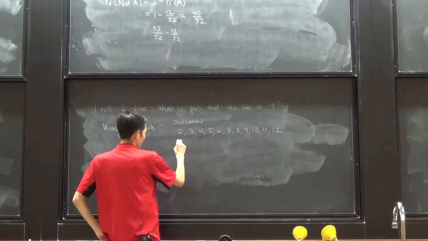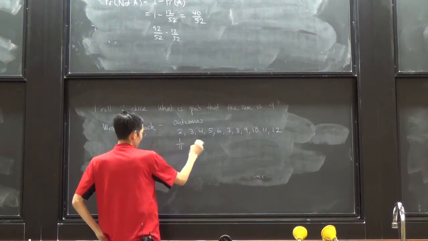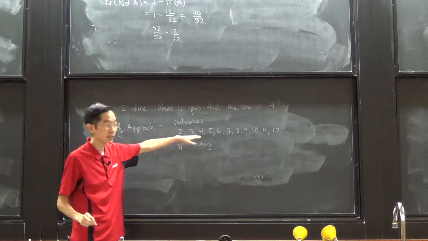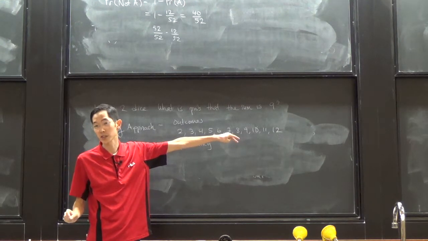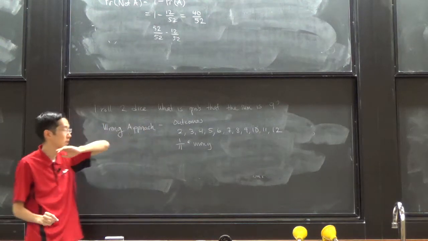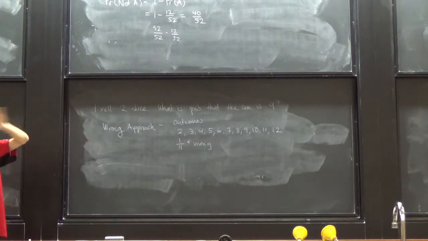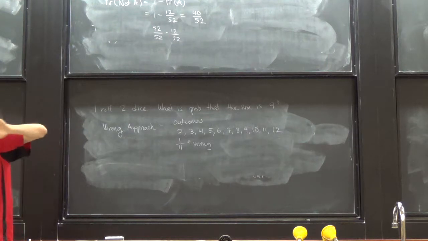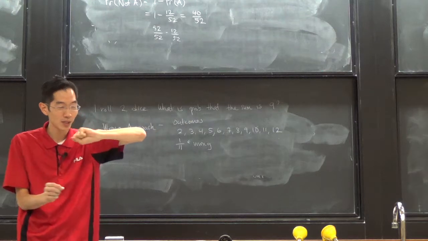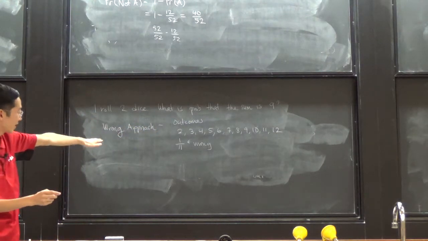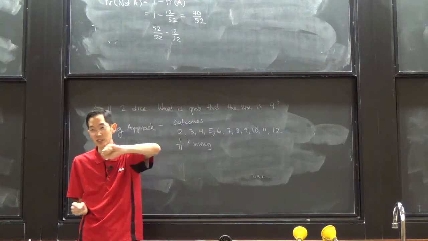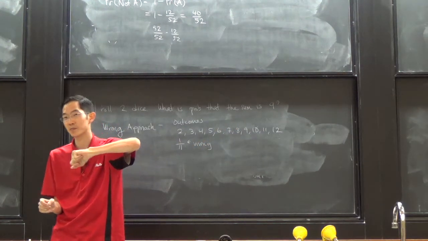Okay? So this is wrong. Because each of these outcomes are not equally likely. And I hope we can see that. If you've ever played Settlers of Catan or Craps or some other dice-based game where you're rolling 2 dice, you know that it is not as likely for the dice to roll 2 as it is to roll 7 or 6 or 8.